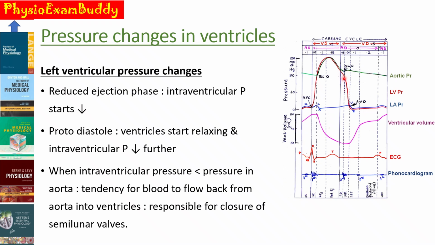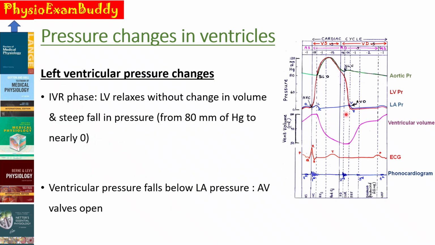And when the intraventricular pressure is less than the pressure in the aorta, there is a tendency for the blood to backflow from the aorta into the ventricles, and it is responsible for the closure of the semilunar valves, which is happening at the end of the protodiastole.